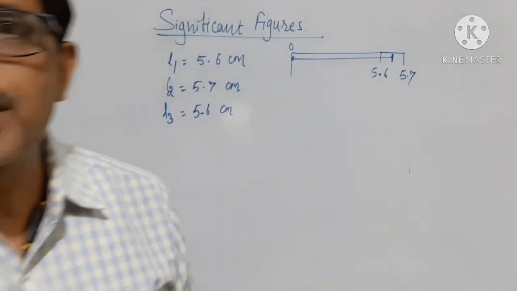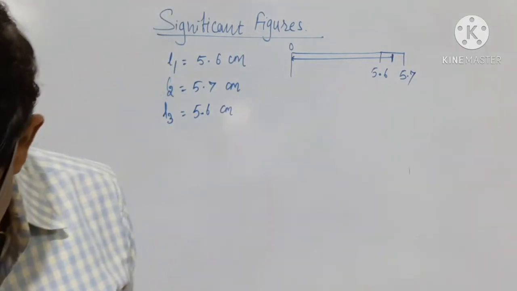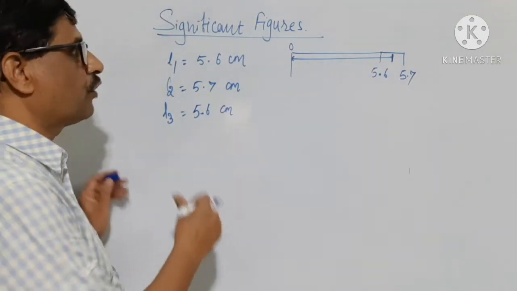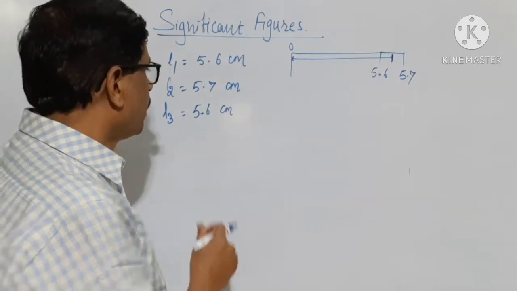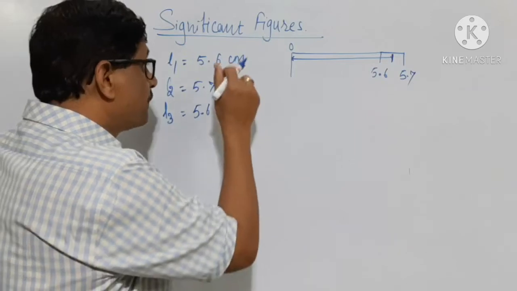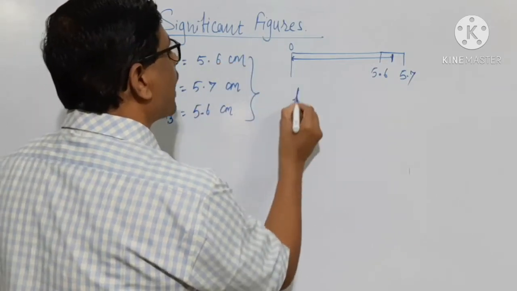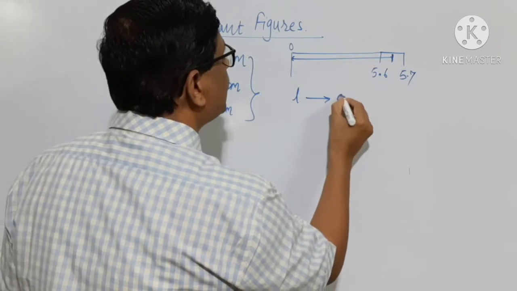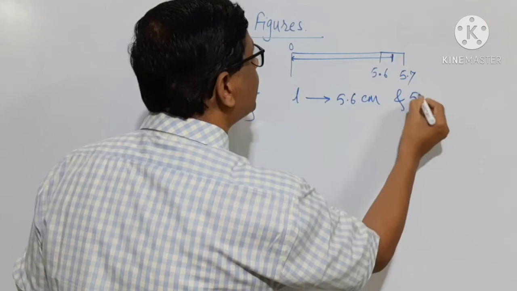These are the three observations I got for the same length of cap. This means that the value of the length of the cap lies between 5.6 centimeter and 5.7 centimeter.